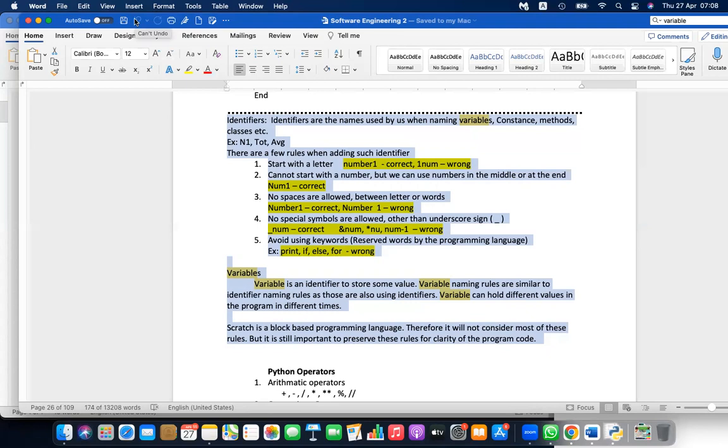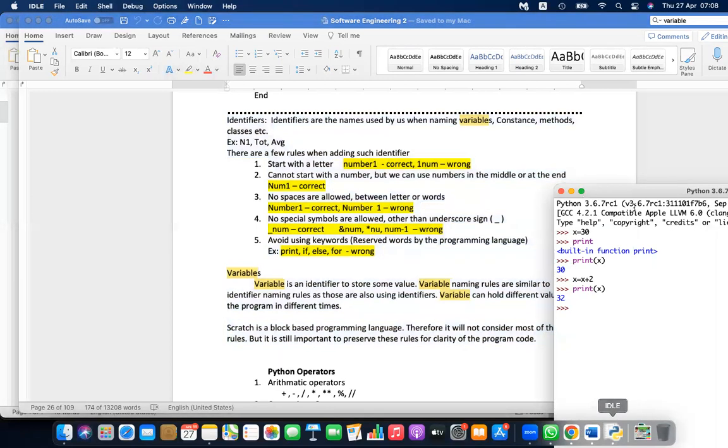I will explain the statements once you write it down. So anything, variable, constant, method, class, anything can be identified using an identifier, a name that we introduce. So you need to know the difference here.